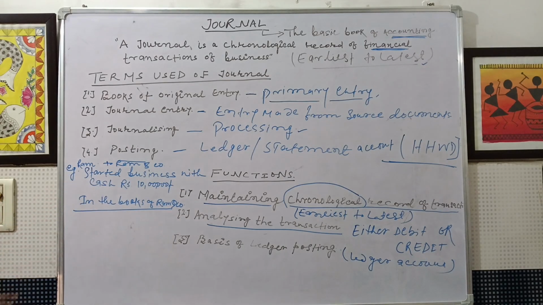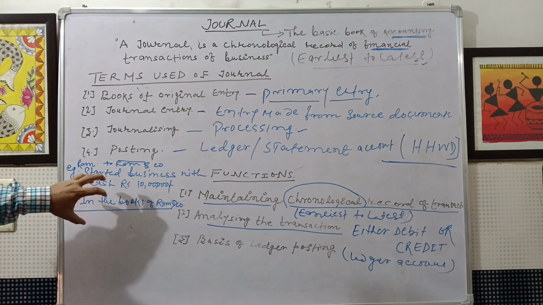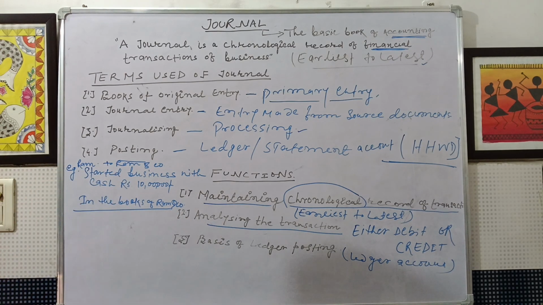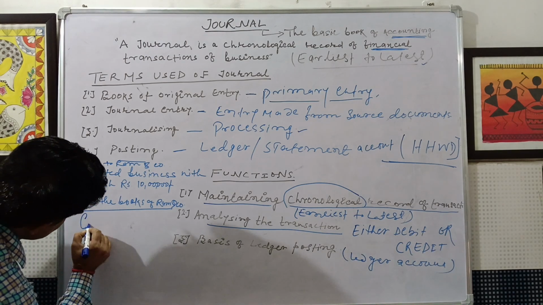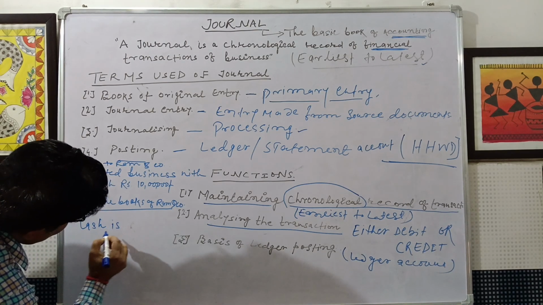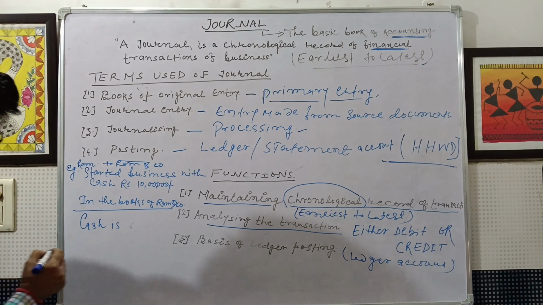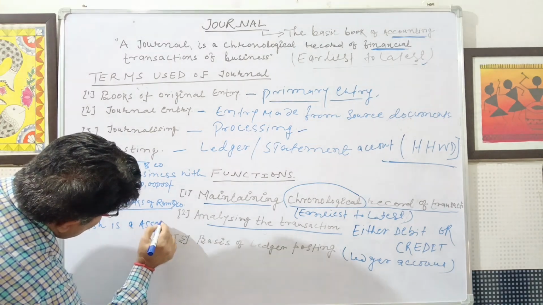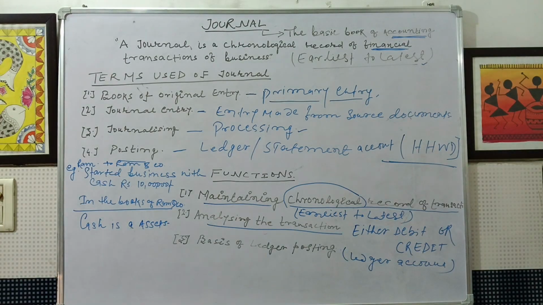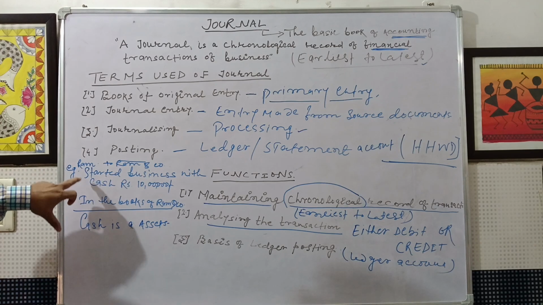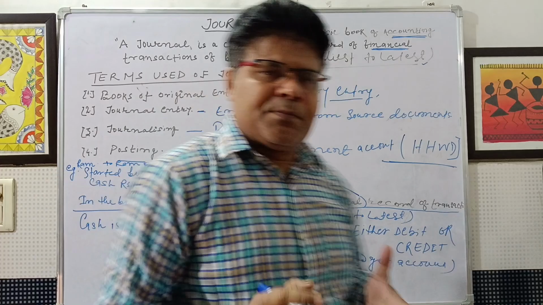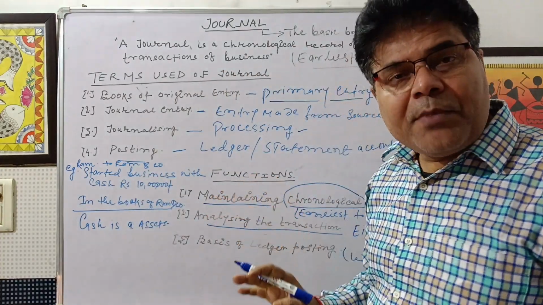The journal entry is simple, because Ram gave money to Ram and Company to start the business. So in this transaction, cash is coming. Cash is an asset. The entity concept says that business is separate from the businessman.